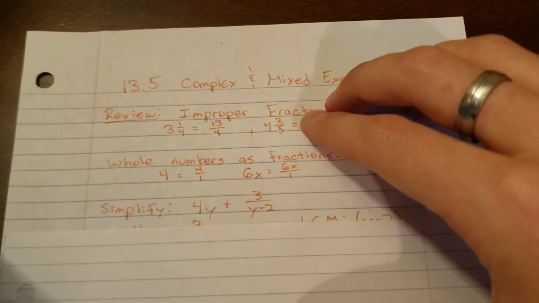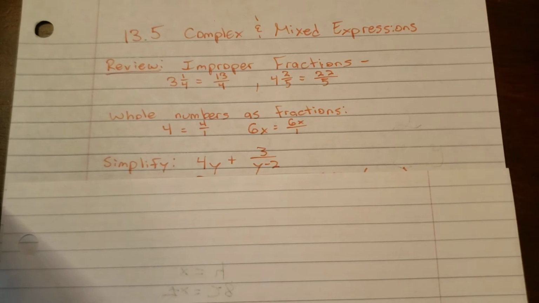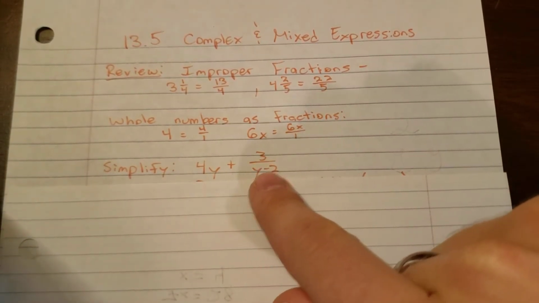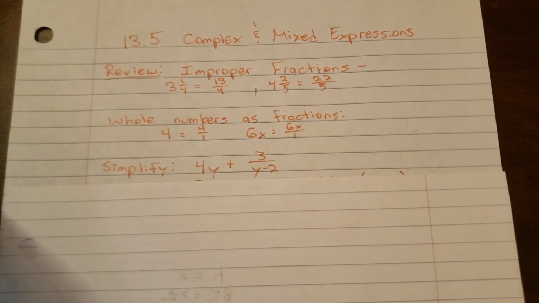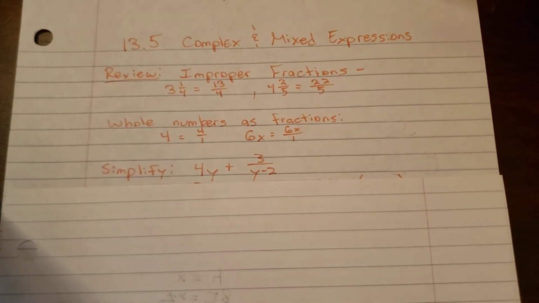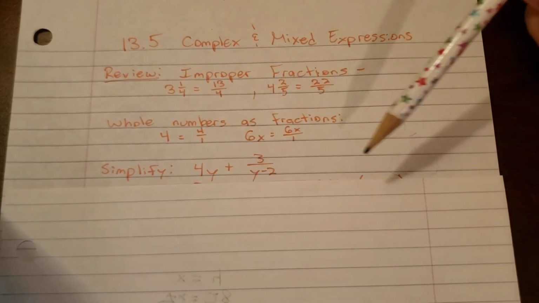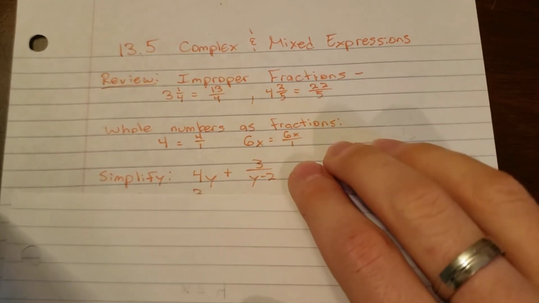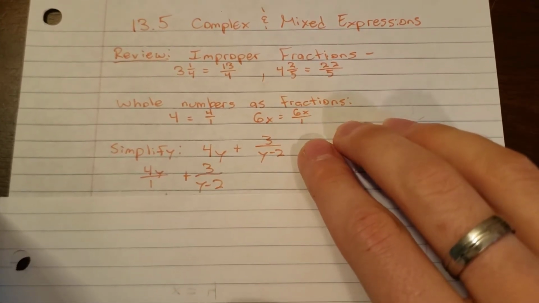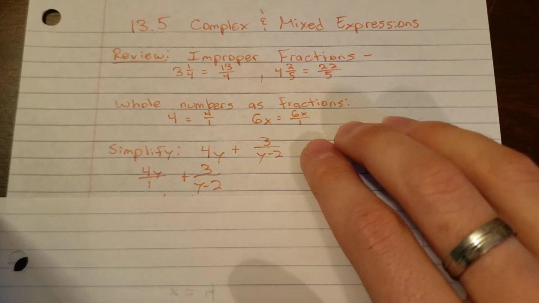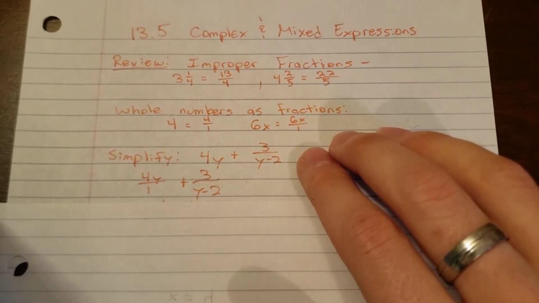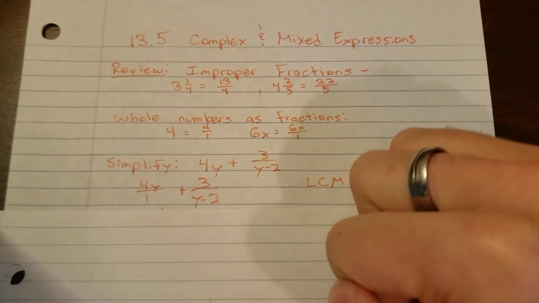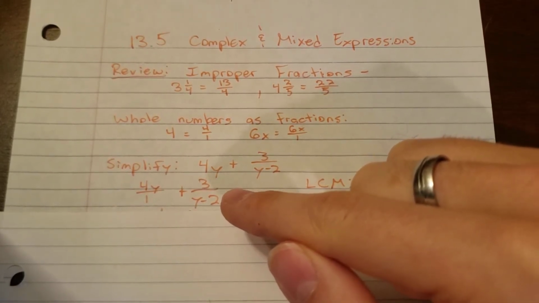So let's say this is our first example. We have 4y plus 3 over y minus 2. First we need common denominators. Yes, we still need to do that. So I'm going to make this 4y over 1. In this case, our least common multiple, the common denominator, is y minus 2.